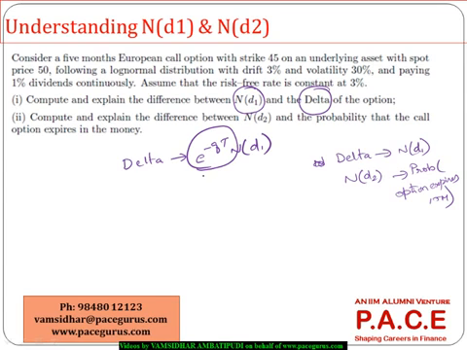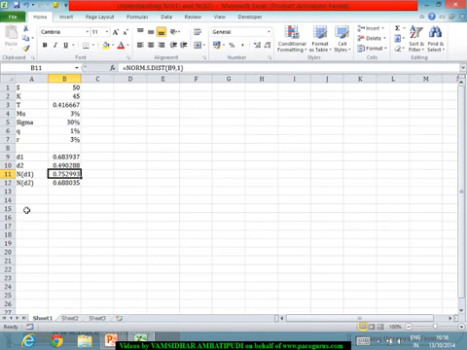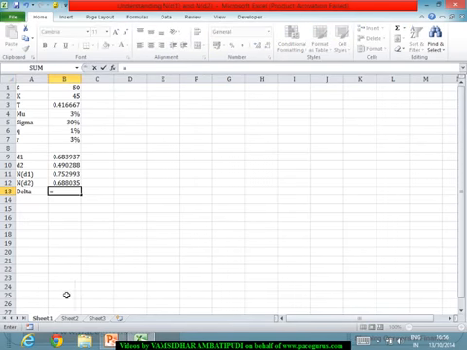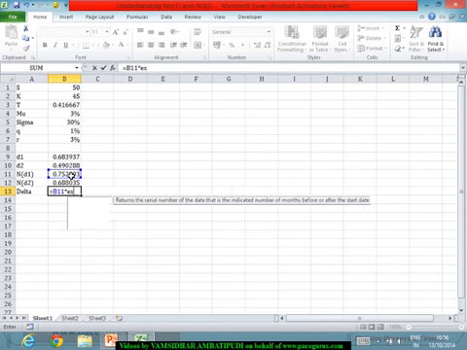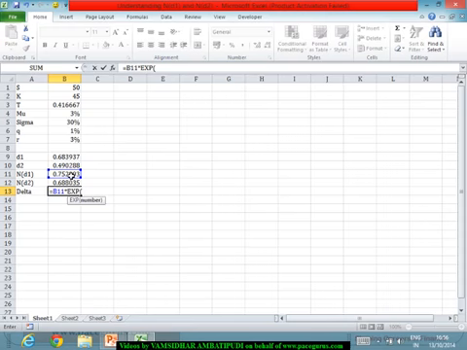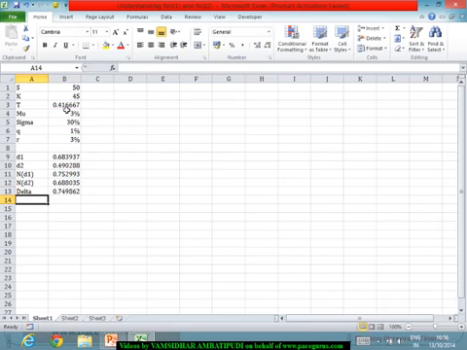When the asset is dividend paying, I get the delta as e power minus qt times N(d1), or the present N(d1) discounted by e power minus qt. So my N(d1) could be a slightly higher value compared to delta, especially if the stock is a dividend paying stock, the asset.